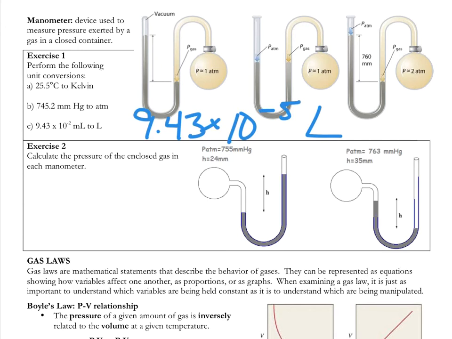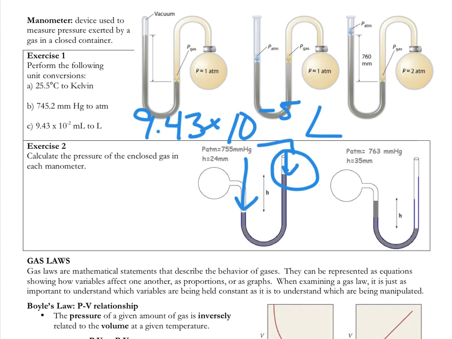And then we have some manometer problems here to wrap this first video up. Calculate the pressure of the enclosed gas in each instance. So here we have a small push there and a large push there. It tells us what this value is. So that is 755.